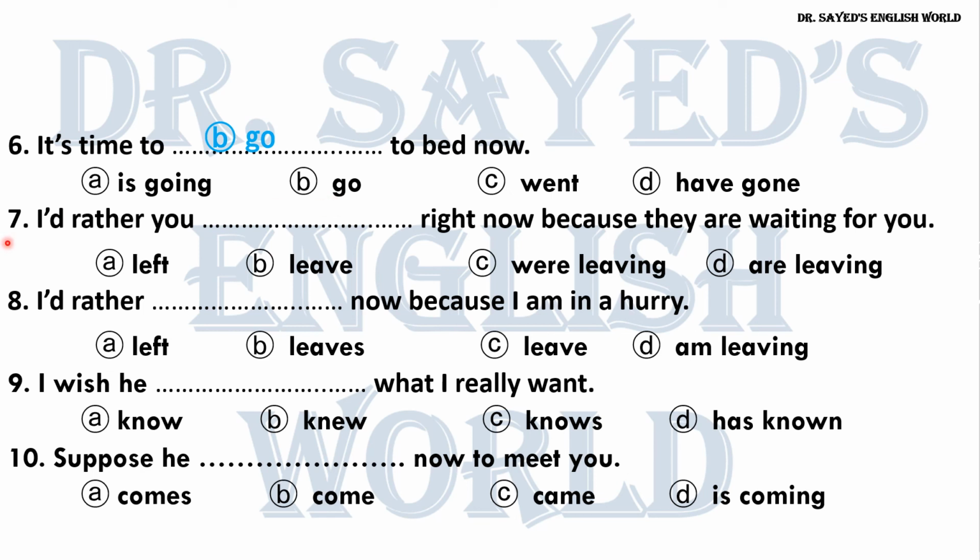I'd rather you right now because they are waiting for you. I'd rather you left, leave, were leaving, are leaving, and the answer is left. Number 8. I'd rather now because I'm in a hurry. Left, leaves, leave, I'm leaving. And the answer is I'd rather leave.